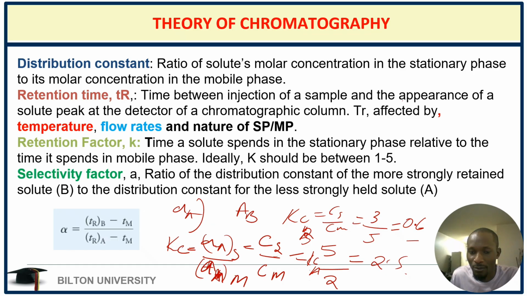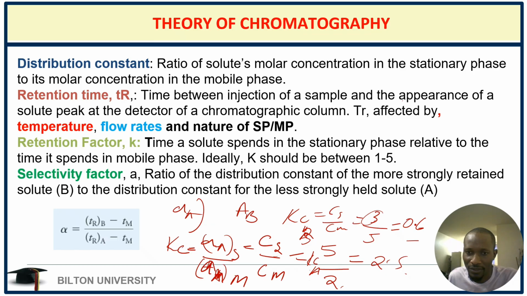Because in A, the molar concentration of solute in the stationary phase is higher compared to its concentration in the mobile phase, while in B, the molar concentration of the solute in the stationary phase is smaller compared to its molar concentration in the mobile phase.